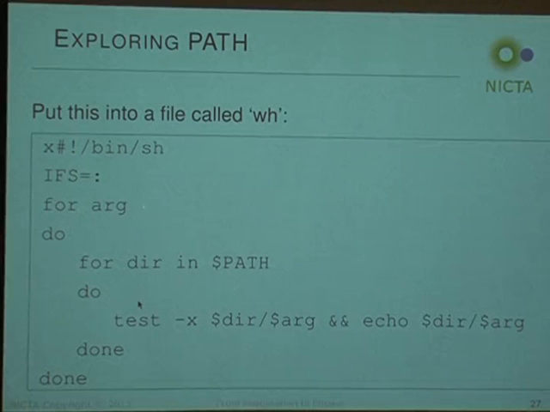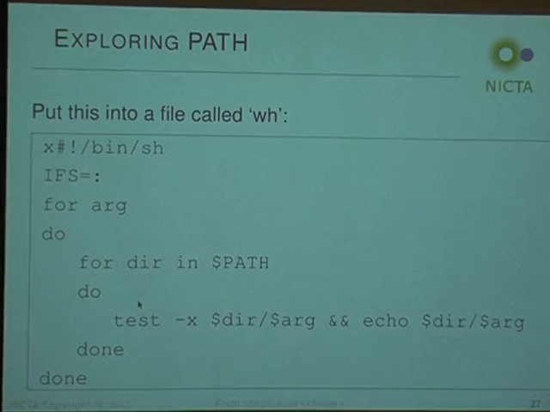Again, we've got for arg, which goes all the way and iterates through all the arguments of this function. And this time we're going to say for dir in $path. But we've already seen that dollar variables will be split on word boundaries. So we want to tell the shell to split this on colons.